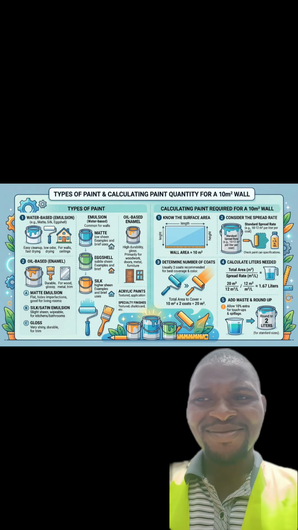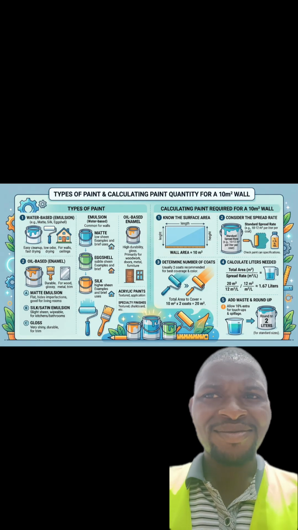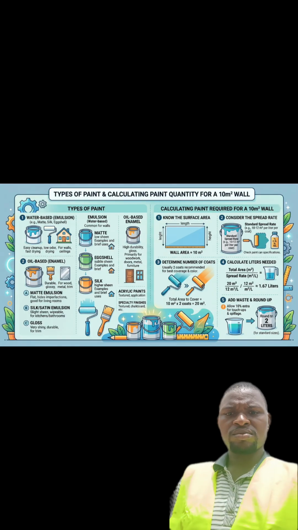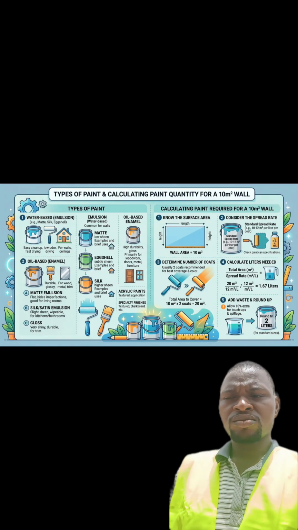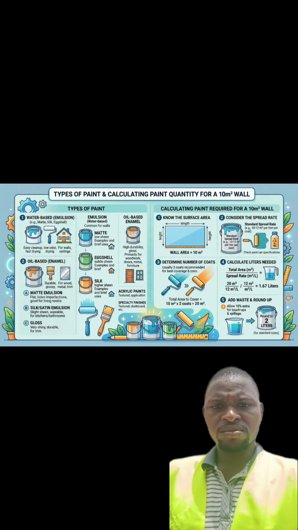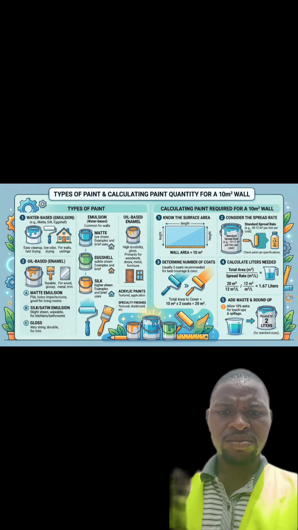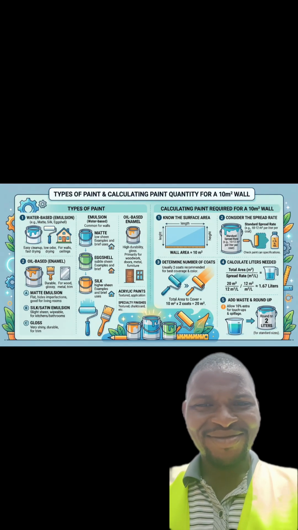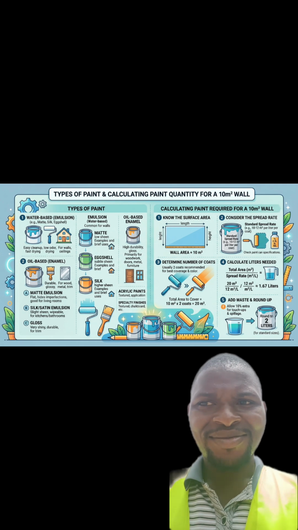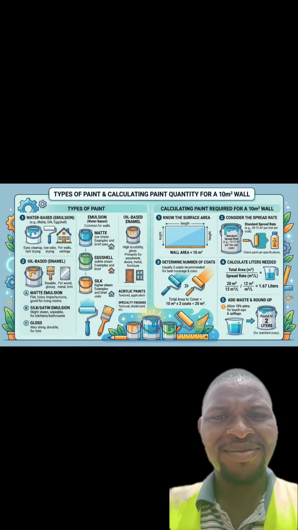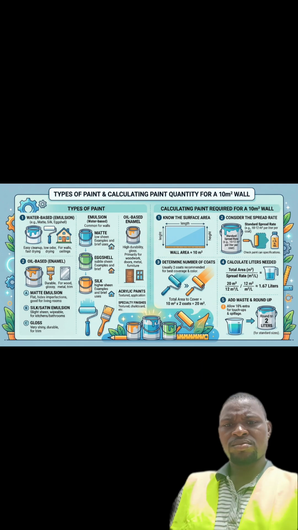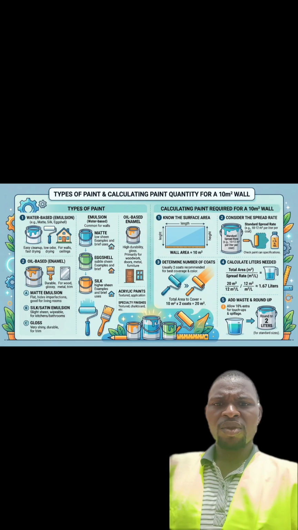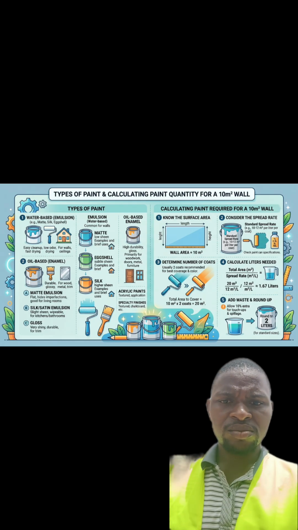The key features of oil-based paint are that it is highly durable, resistant to wear and tear, and leaves a smooth, rich finish. The third thing to look at is specialty paint, which includes acrylic paint and specialty finishes.